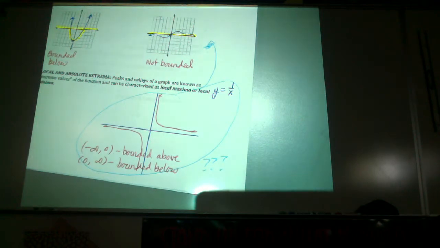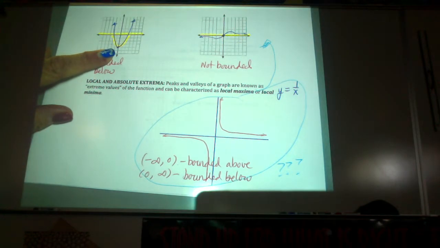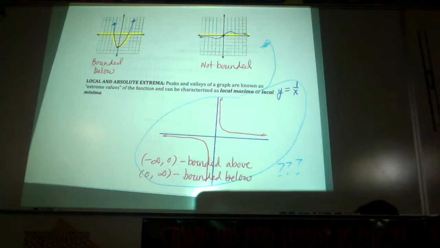Don't know why. All right, so then we're going to talk about local and absolute extrema. So those are the peaks and valleys of a graph. So like the vertex is an absolute extrema. I've been calling it a what? Relative max or min.